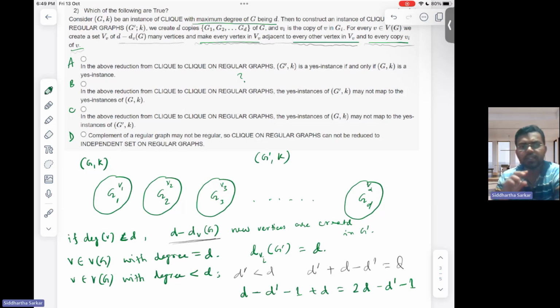They take D distinct copies, G1 through GD of G, and let Vi be the copy of vertex V in the graph Gi. And for every vertex V, they introduce a set V sub V of D minus dG V vertices and add edges between every vertex of V sub V and every Vi.